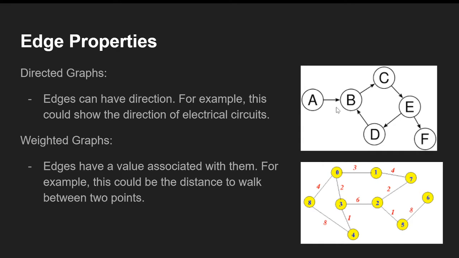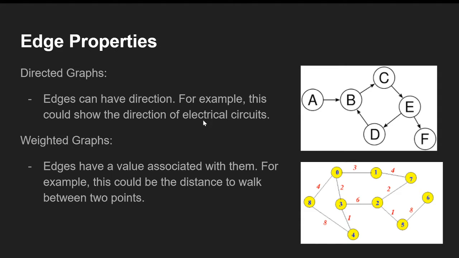So, for example, in this A and B, we have A has a friend B, and B has a friend C. But B does not necessarily have A as its friend. So, as you can see, this is what a directed graph would be. And also, something this could show is the direction of electrical circuits as well.